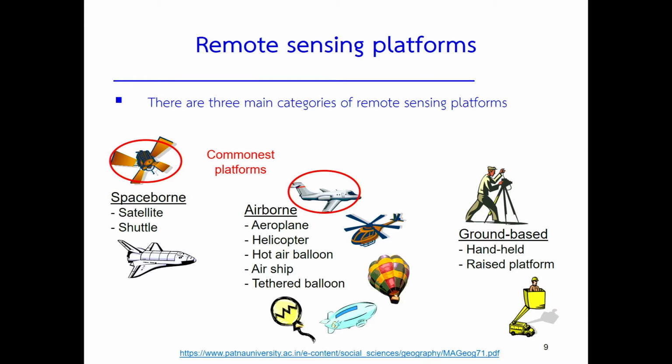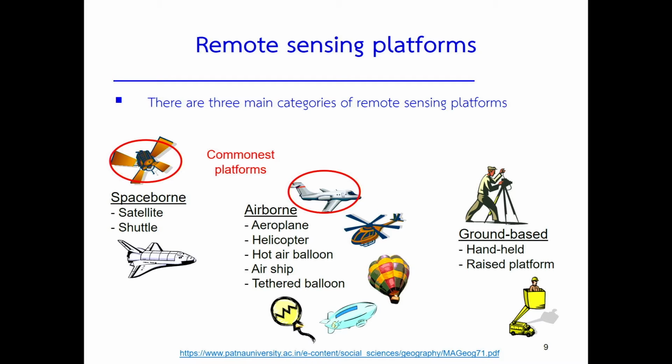Let me show you about the remote sensing platforms. Normally, there are three main categories of remote sensing platform. The first one is spaceborne, the second one is airborne, and the last one is cloud-based.